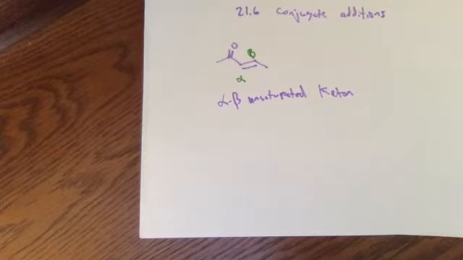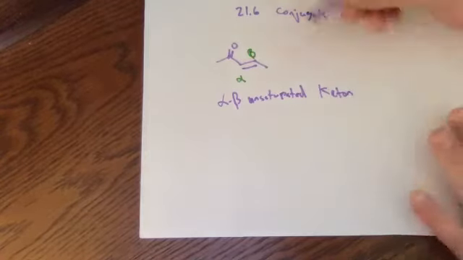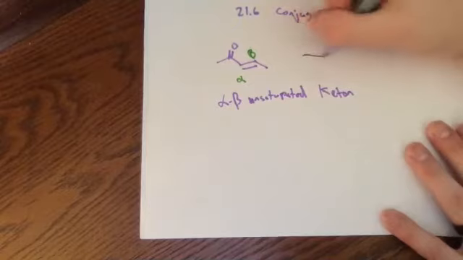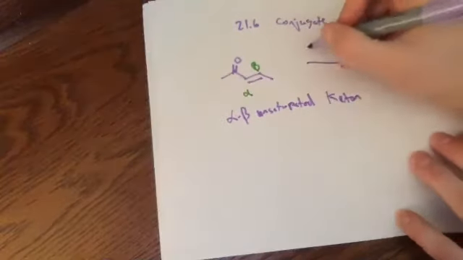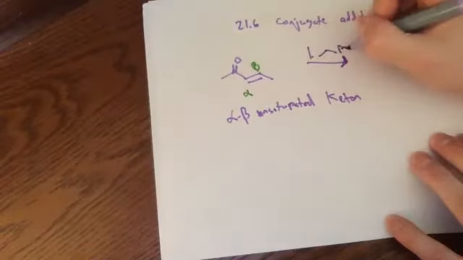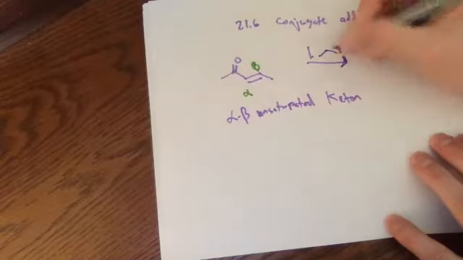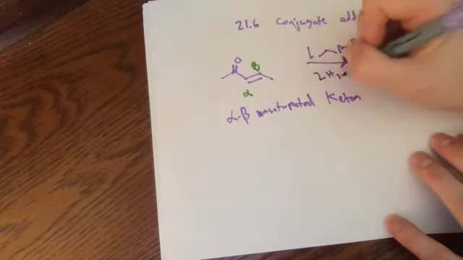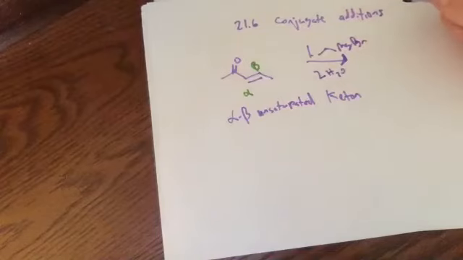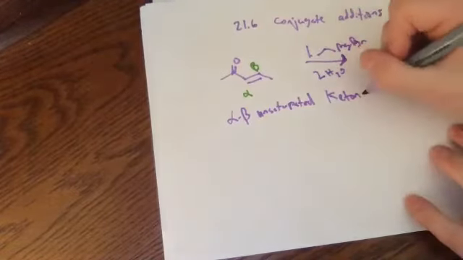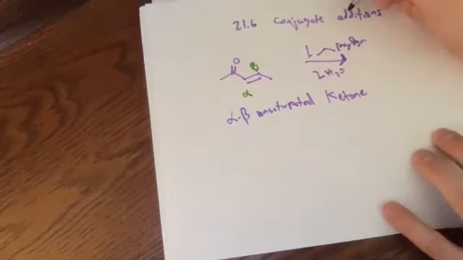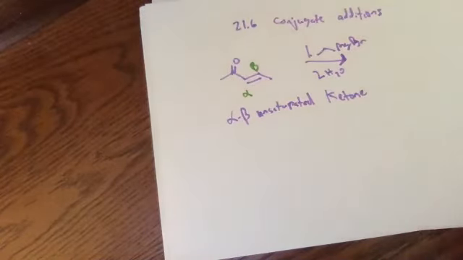But for this first reaction, they're not going to involve these. If I take a Grignard in solution with one of these alpha beta unsaturated ketones, we are going to do our normal reaction.